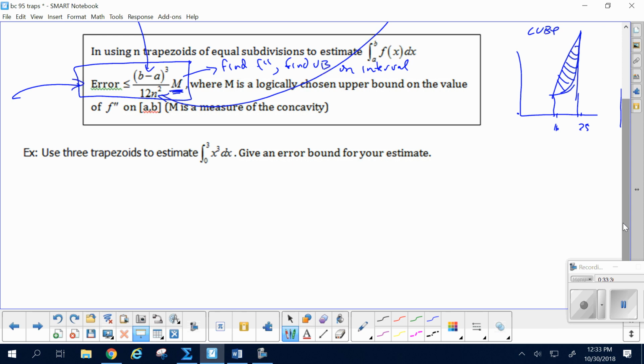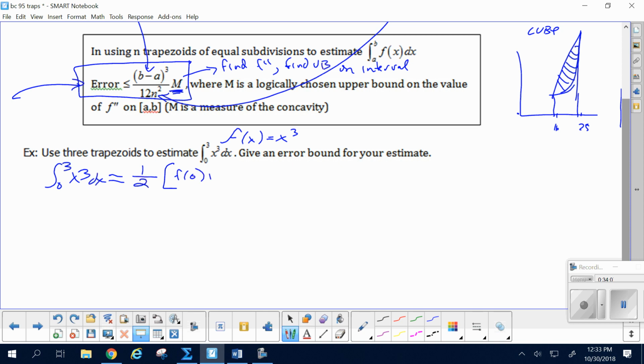If I go to estimate this, first of all, 0 to 3 on this. If we use equal subdivisions, then what's the height? 1. And the divided by 2 is part of the formula. I'm going to let f of x equal x cubed. Okay? Then my interior, which is a collection of all the parallels of the trapezoids, what are they?